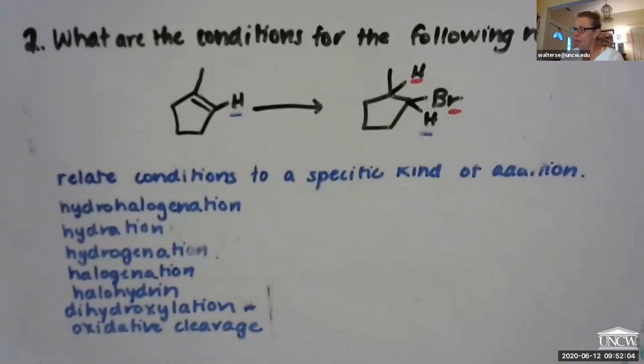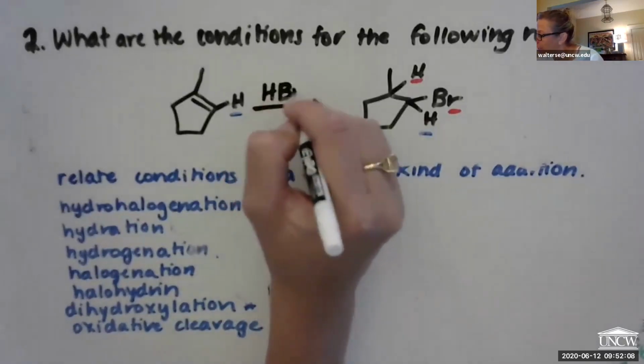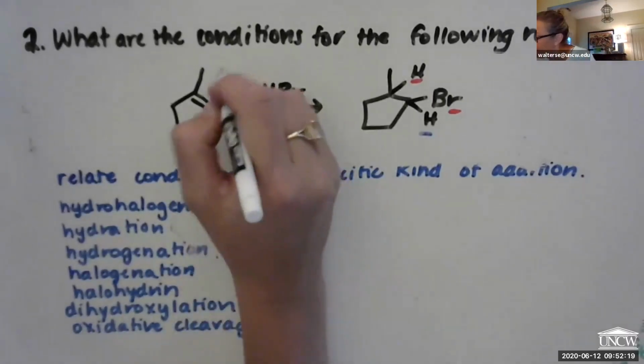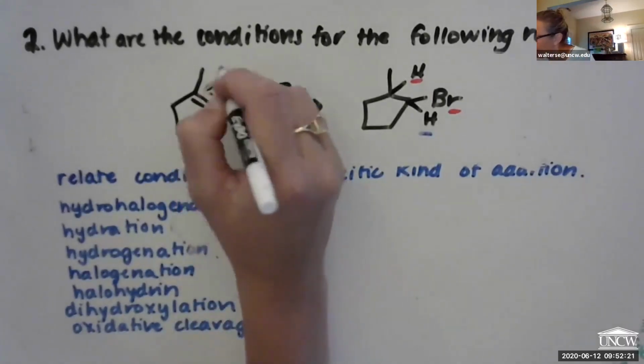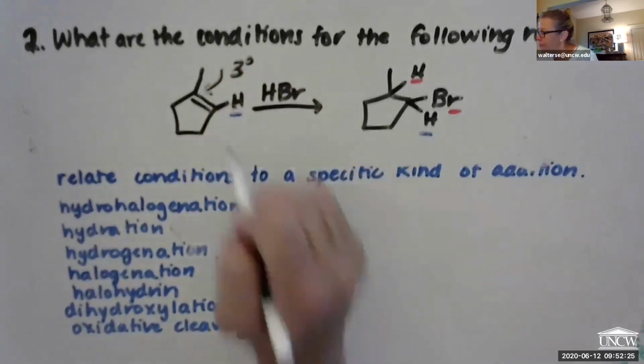Okay. So in these reaction conditions, you're adding HBr. But you have to be careful about where the HBr ends up. This carbon here is tertiary.